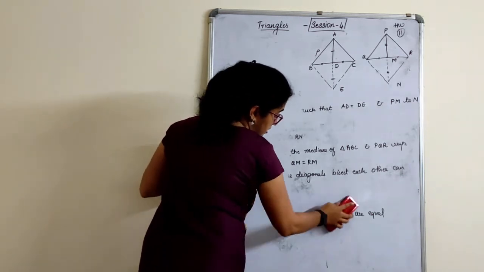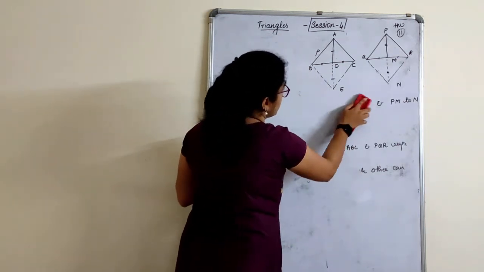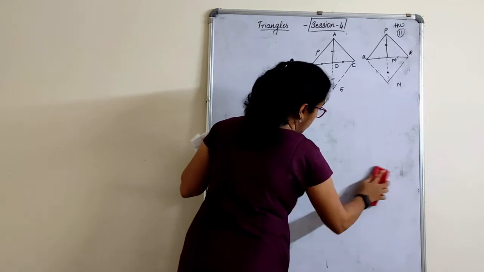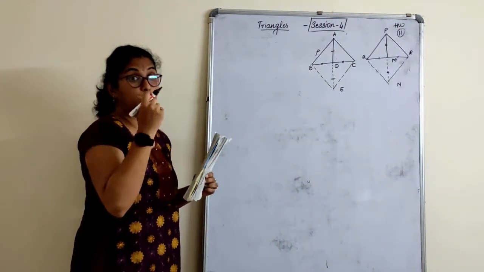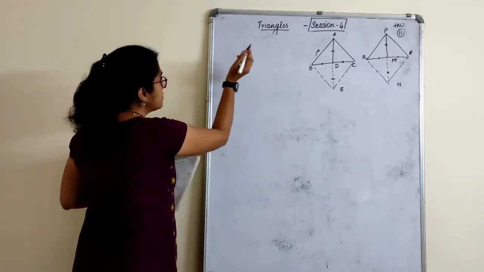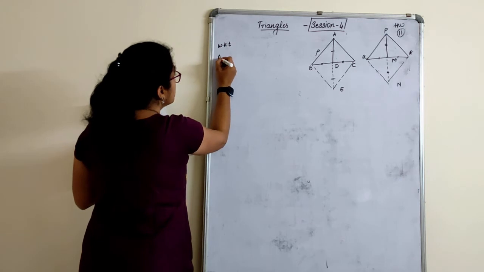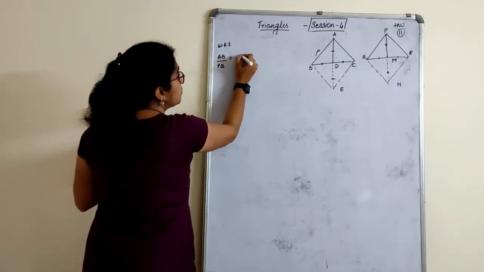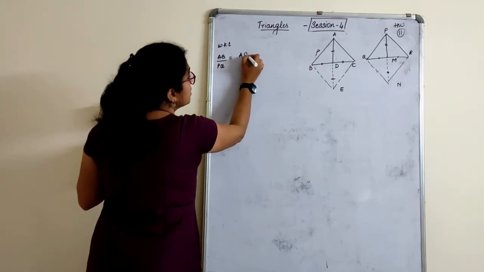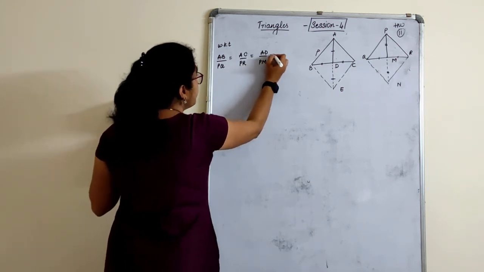It can be asked as not less than a 4 marks question. Next, we'll again start from what proportional sides we knew. Already the proof was written. I will write here: we know that AB upon PQ is equal to AC upon PR is equal to AD upon PM, given.